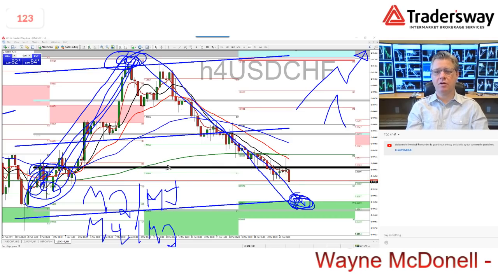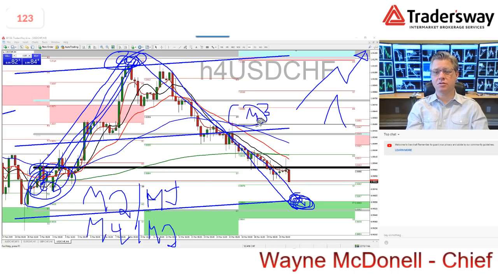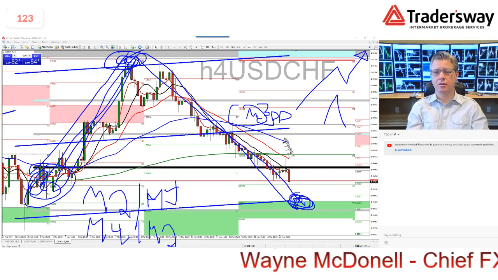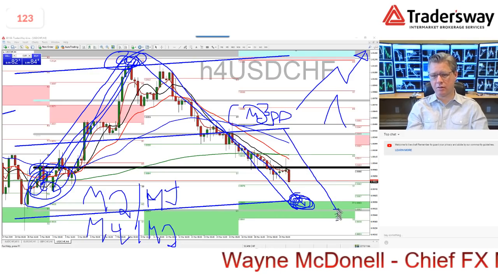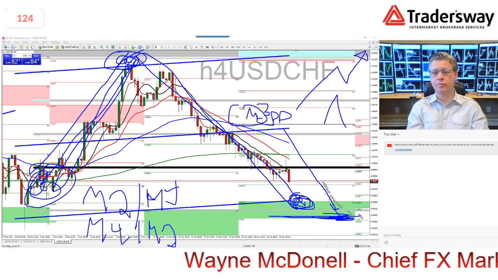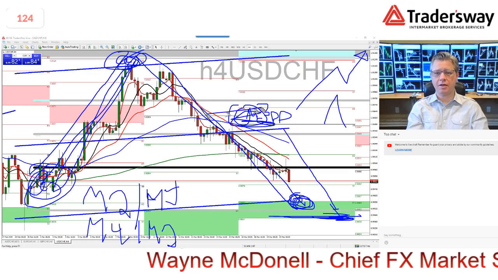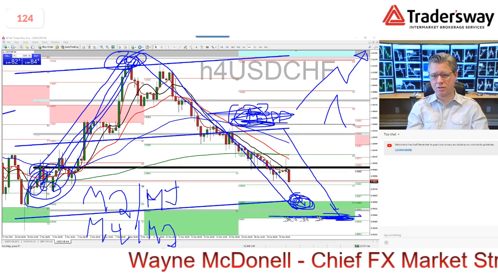That's using that. Also now using weekly, right? What's the pattern? M3 CPP. That predicts getting out here, right? The start of this week, right here, this top predicts this bottom.